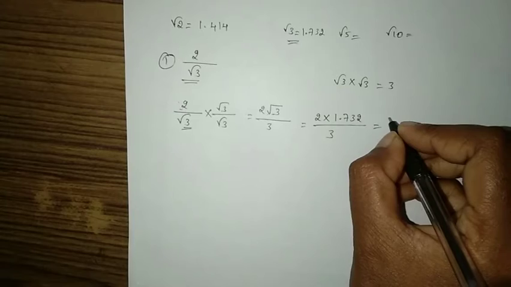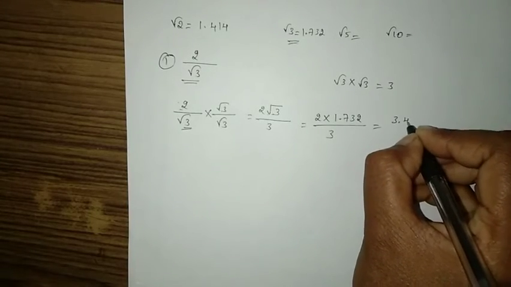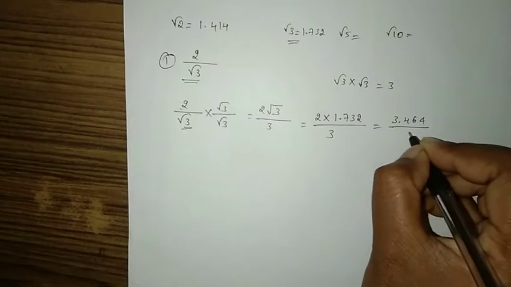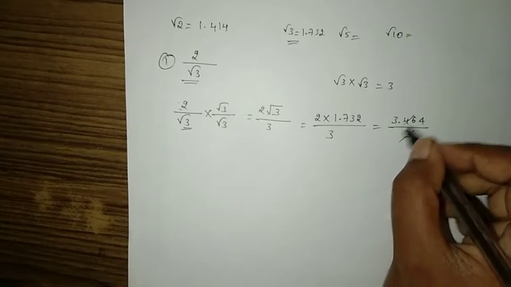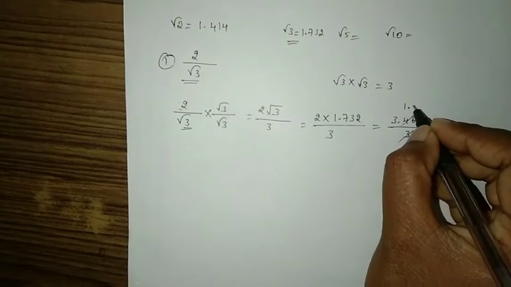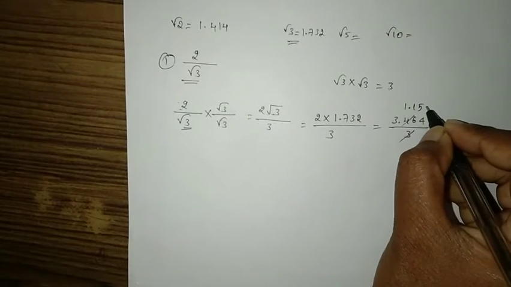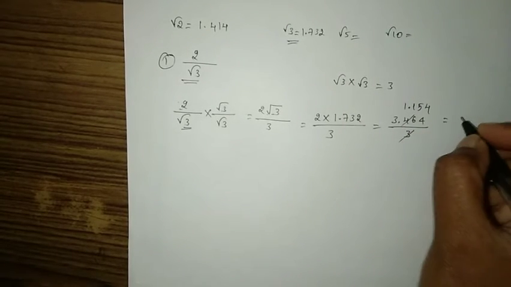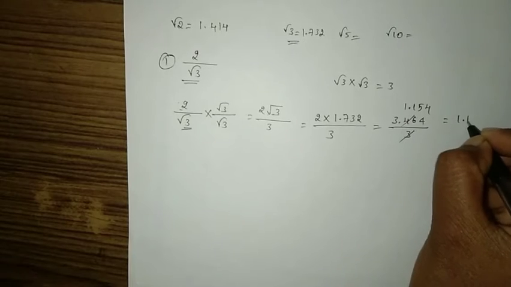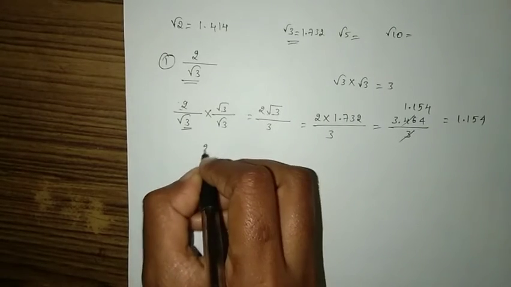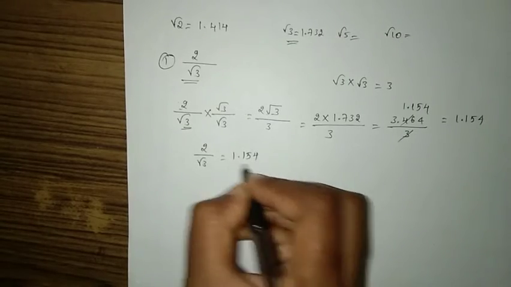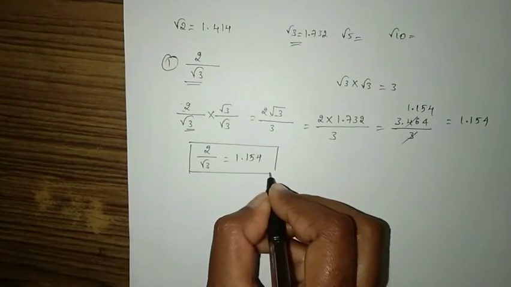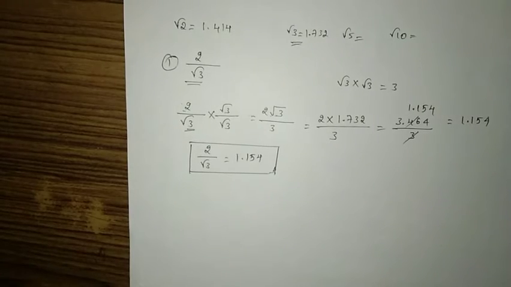This becomes 3.464 divided by 3. We can cancel it. We get the last answer as 1.154. So the answer is 2 divided by root 3 is equal to 1.154. This is the answer for this question.